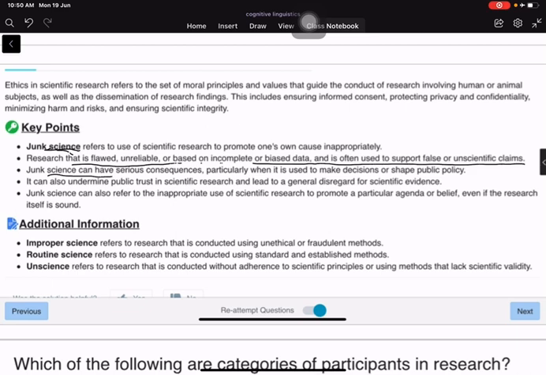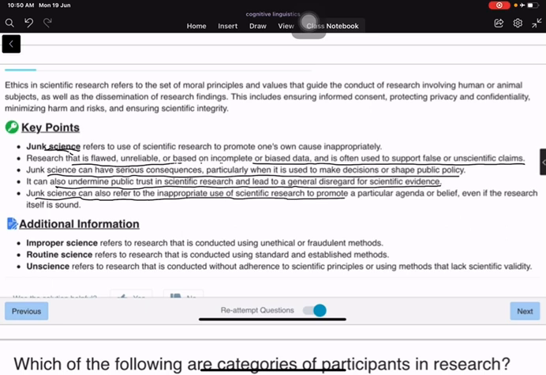Junk science can have serious consequences, particularly when it is used to make decisions or shape public policy. It can also undermine public trust in scientific research and lead to a general disregard for scientific evidence. Junk science can also refer to inappropriate use of scientific research to promote a particular agenda or belief, even if the research itself is sound.